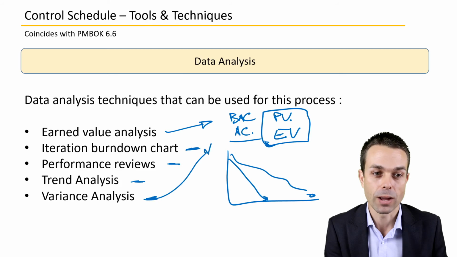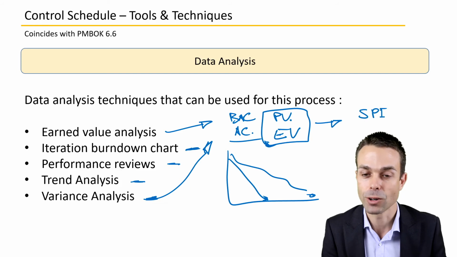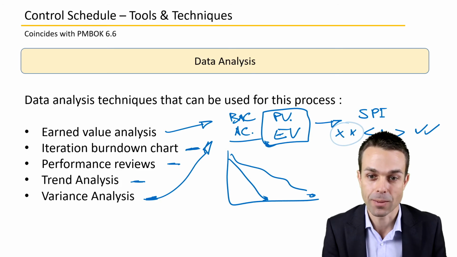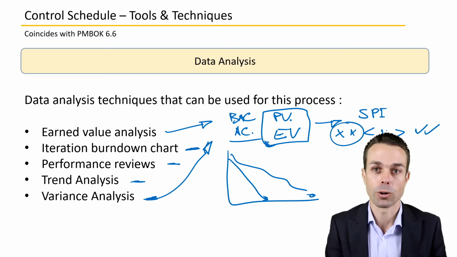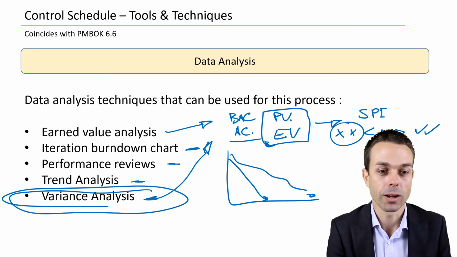This will relate to our earned value analysis, where we're now turning that into things like the schedule performance index. So is it greater than 1 or less than 1? Have we delivered more than what we anticipated, or have we delivered less than what we anticipated? Or are we ahead of schedule, or are we behind schedule? And variance analysis will have its own key concept video as well.